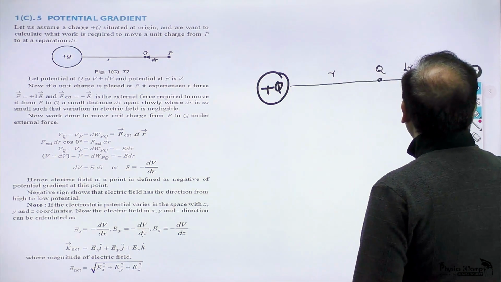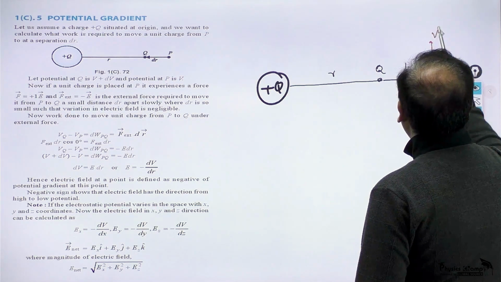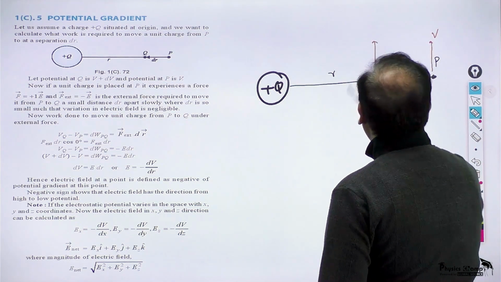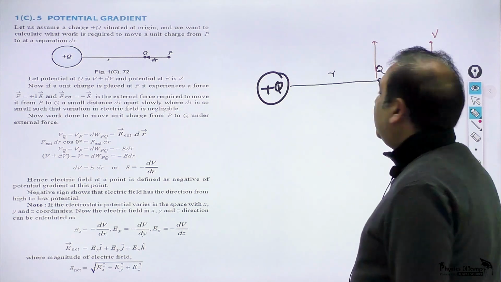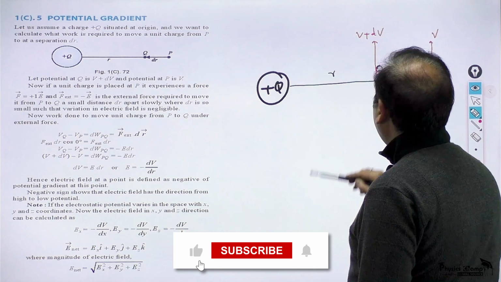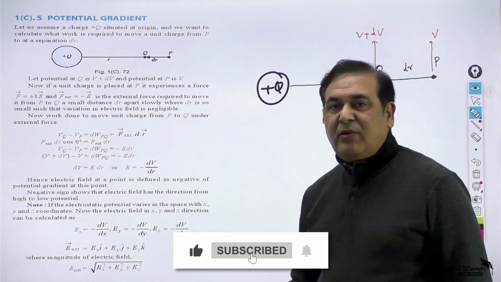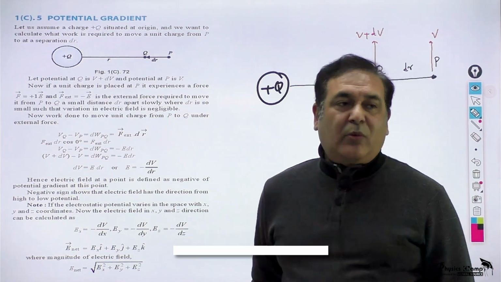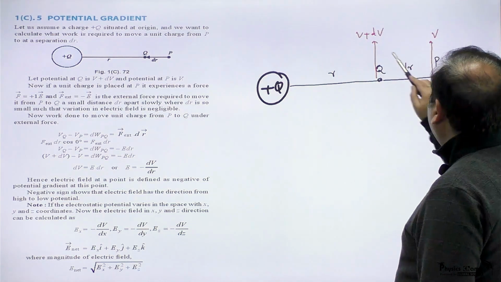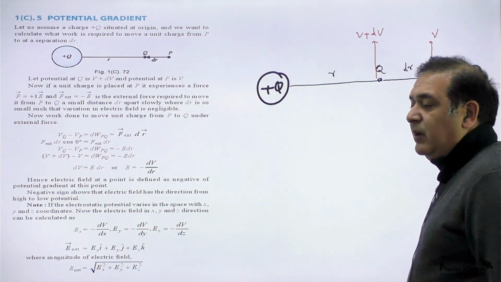Maybe at point P, the potential which exists is V. Now at point Q, the potential will be higher than V or less than V. So my concept is, it is going to be higher than V, V plus dV, because it is closer, 1 by 4 pi epsilon naught Q by R. So potential at P is V, and potential at Q is V plus dV.